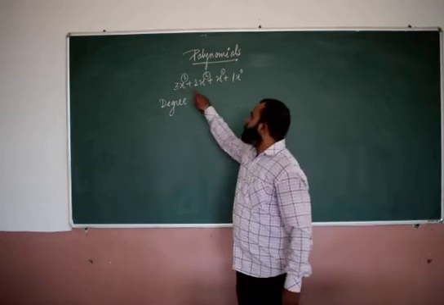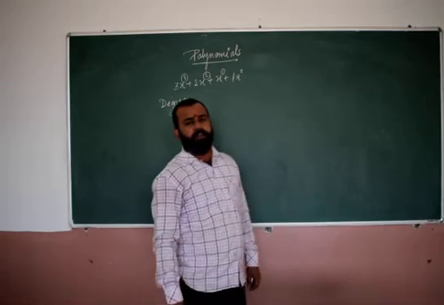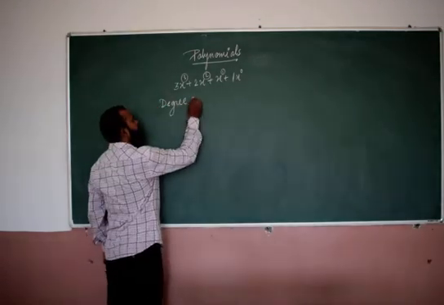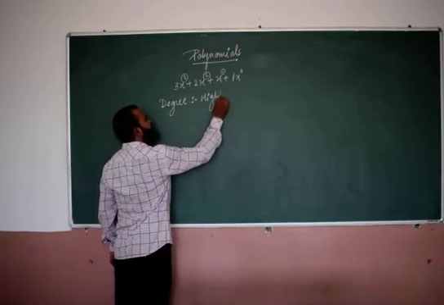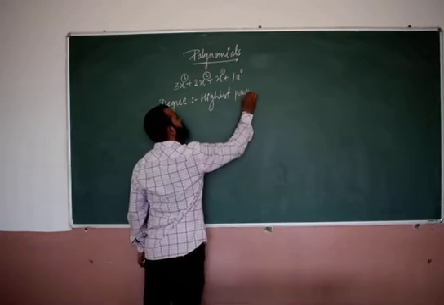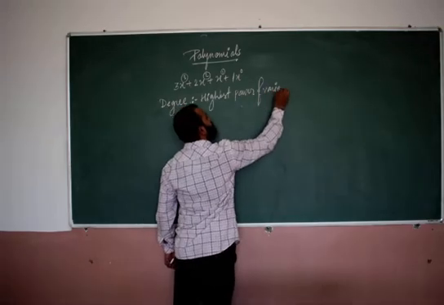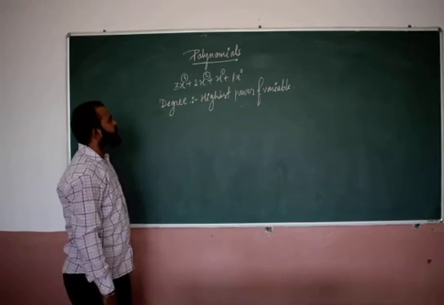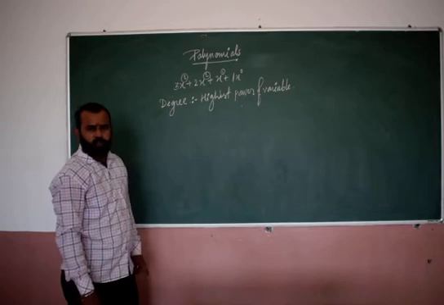The highest power in the algebraic expression, or the highest power in the polynomial, is called the degree of the polynomial. I am writing here: the highest power of the variable in the polynomial is called the degree of the polynomial.